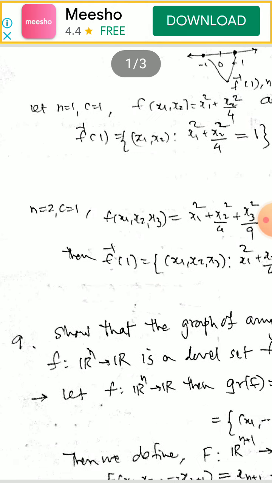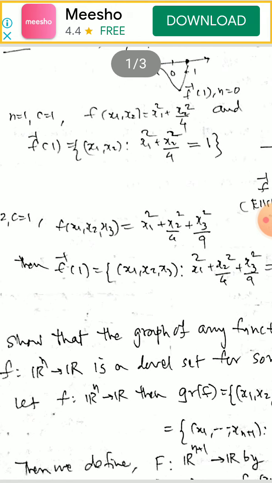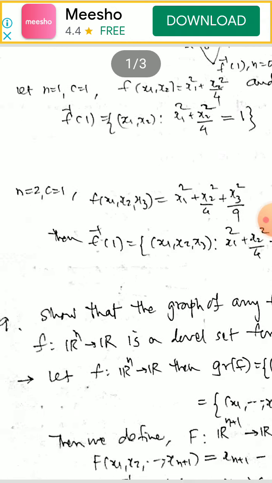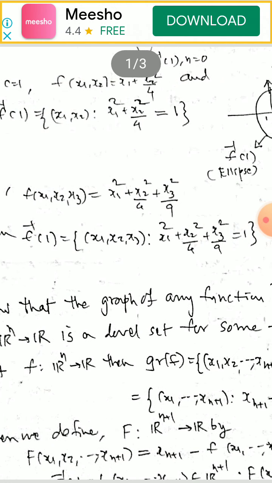Now take n is equal to 2, because he has given the values of n is equal to 0, 1 and 2. So for 2, what will happen? Now you will get a function defined on R3, means f of x1, x2, x3 is equal to, take one more term from the definition, x1 square plus x2 square upon 4 plus x3 square upon 9. See the definition. Then f inverse 1 will be the set of x1, x2, x3.